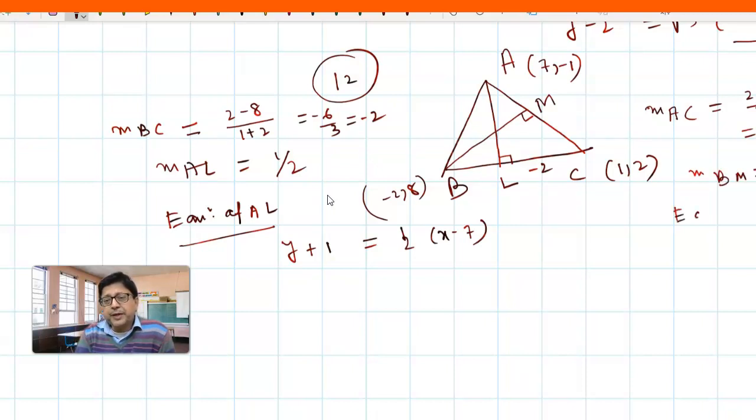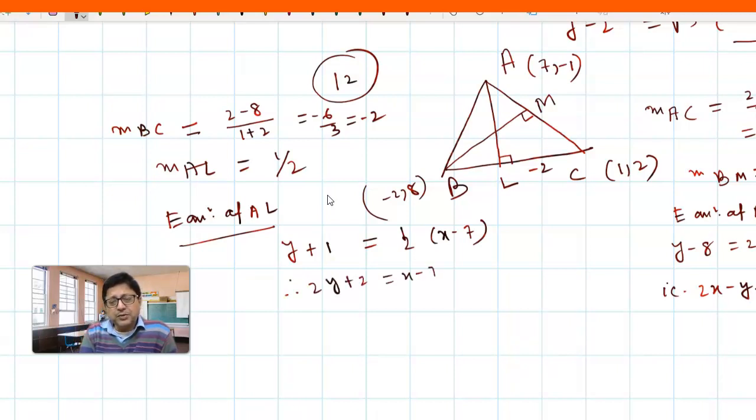So the equation of BM is going to be y minus 8 equal to m into this, that is 2x minus y plus 12 equal to 0. So this is the other altitude. This is the first one.